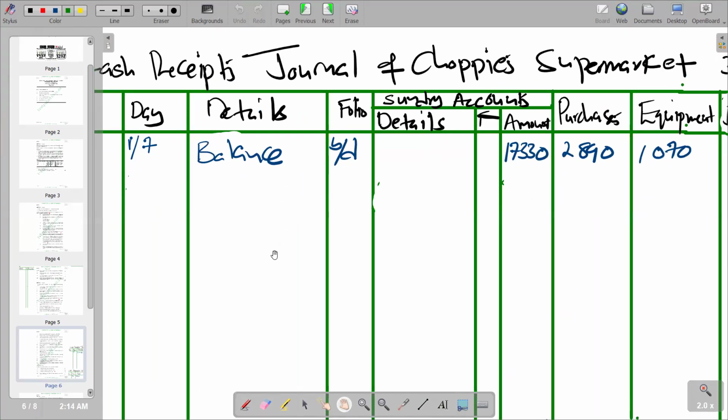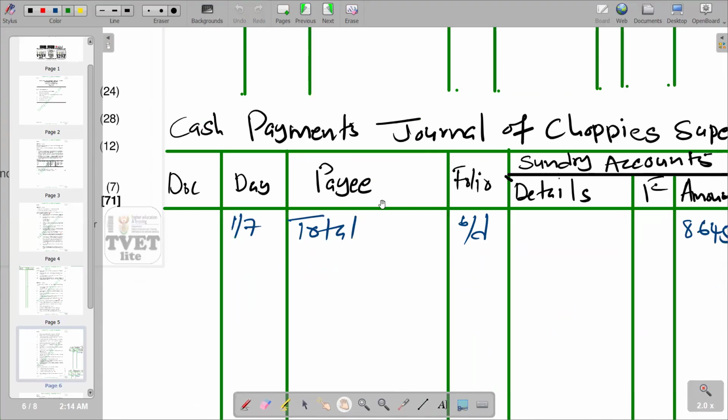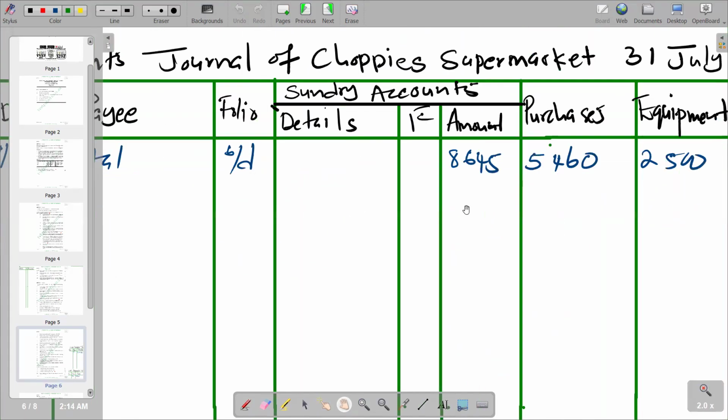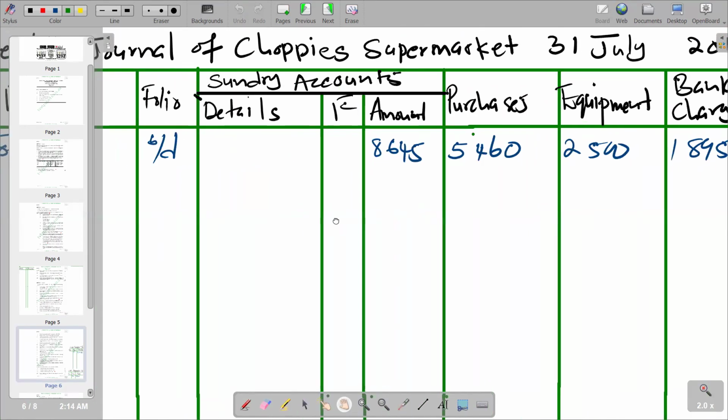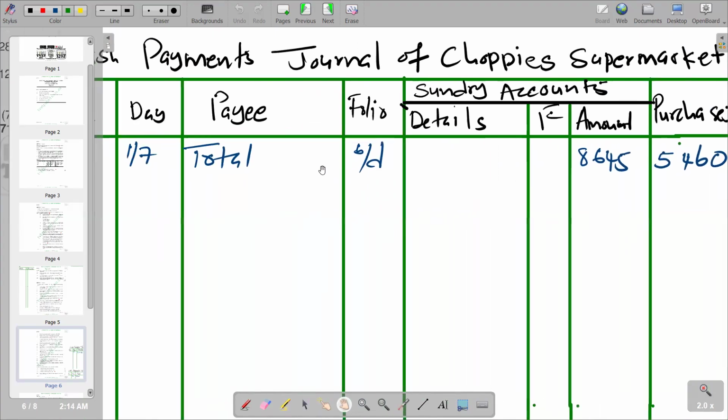Then in the cash payments journal, we also see some pre-entered figures as our opening balances. So we can use those balances as we now calculate the totals beneath that.